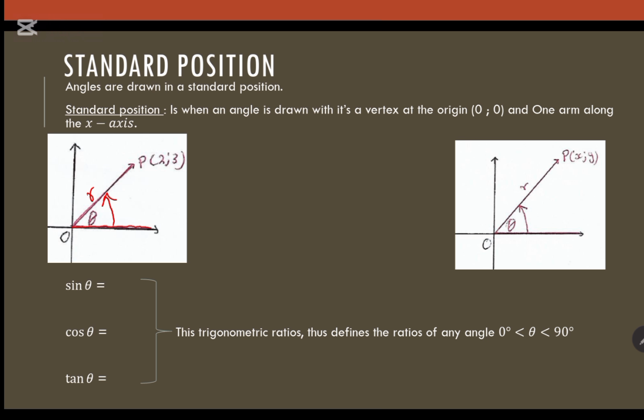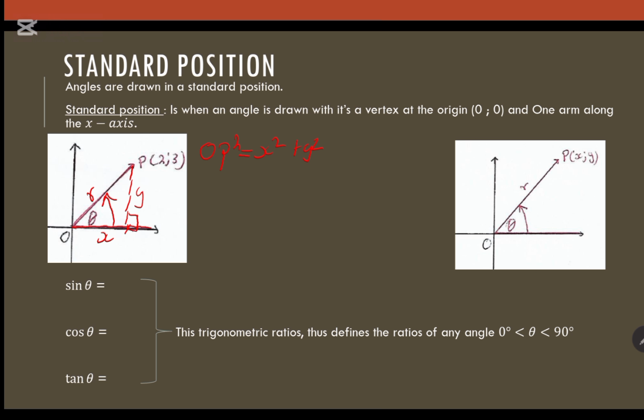So we know we have to construct a perpendicular line here and complete a right angle triangle. Now, if this is a right angle triangle, therefore OP is the hypotenuse. So we say OP squared is equal to x squared plus y squared. So we say the length from here to there is x, and the length from here to there is y.